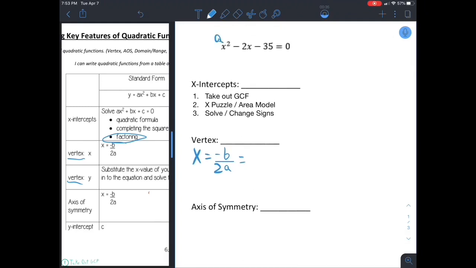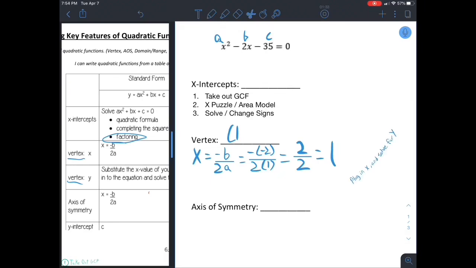That's right, we have our a is 1, b is negative 2, and c is negative 35. So negative b, negative 2, divided by 2 times a, which is 1. So minus negative 2 would be a positive 2, divided by 2 times 1 is 2. Well, 2 divided by 2 is 1, so our x value of our vertex is 1.